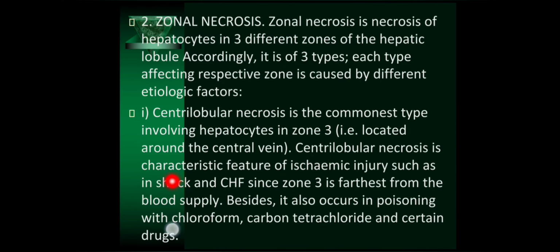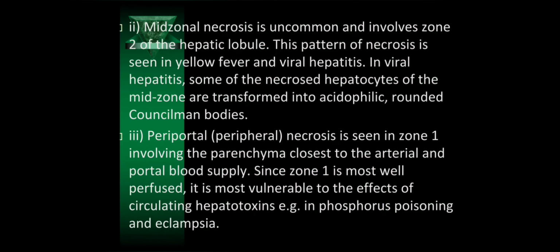Centrilobular necrosis is a characteristic feature of ischemic injuries such as shock and cardiac failure, since zone 3 is farthest from blood supply. Besides, it also can occur in poisoning with chloroform, carbon tetrachloride and certain drugs.